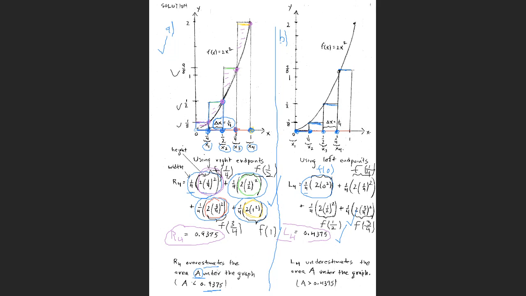All right. Would L sub 4, the approximation for part B using the left endpoints, be an underestimate or an overestimate based on the picture here?